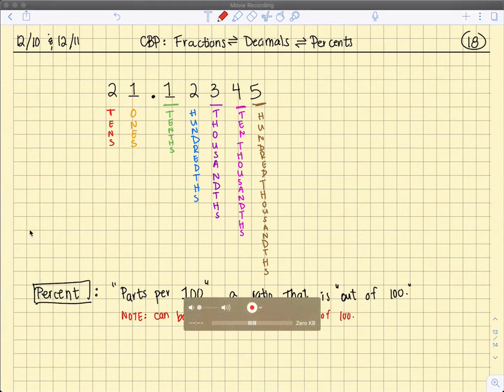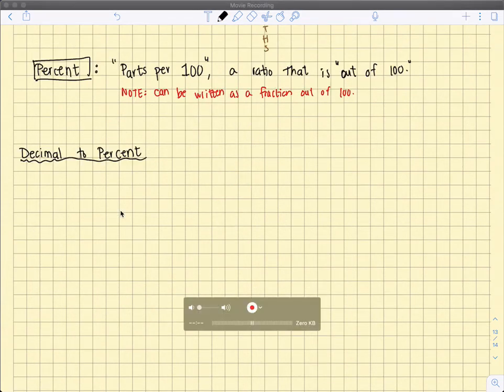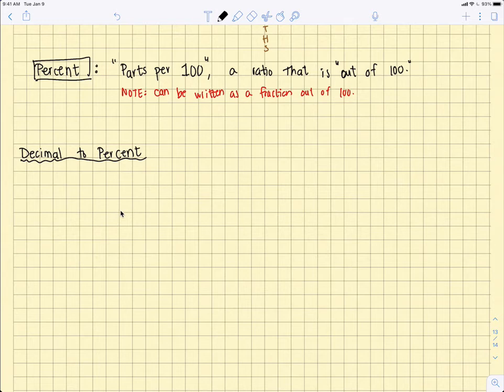Let's take a look at some examples. Like I said in our last class, we talked about converting fractions to decimals. Today we're going to continue that process, and now we're going to change these decimals into percentages. In order to change a decimal to a percent, we are going to multiply the decimal by 100.